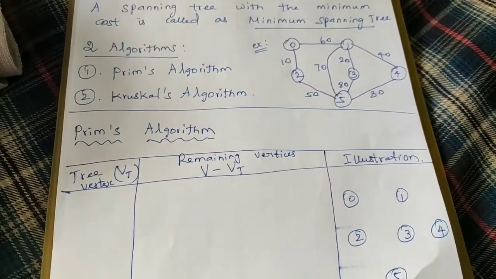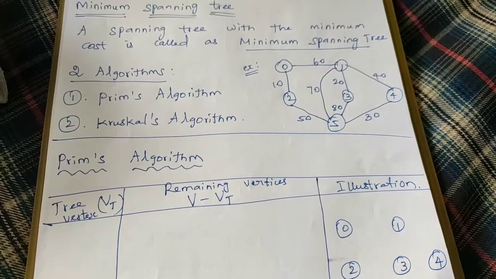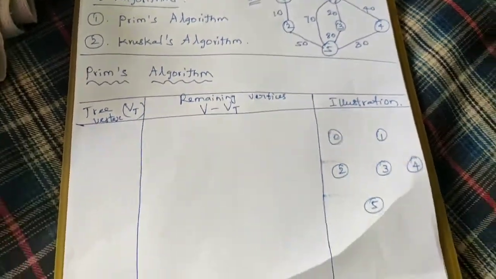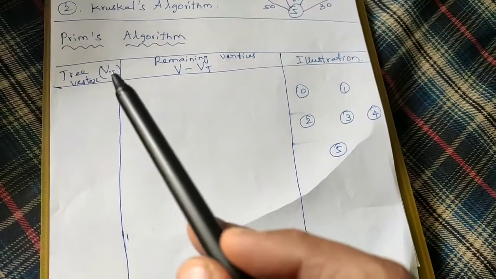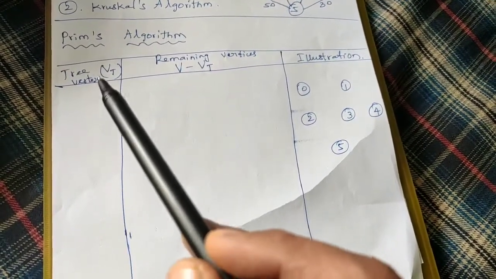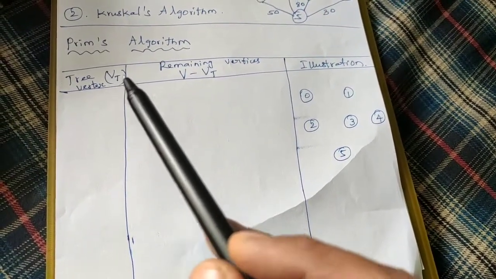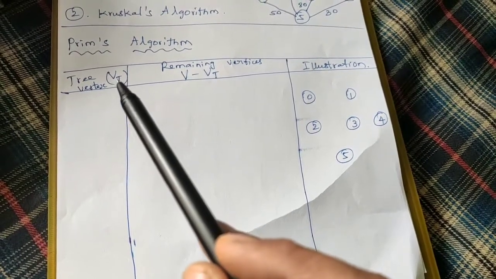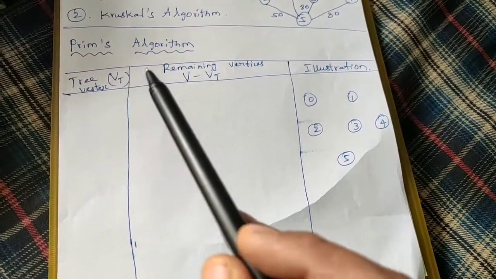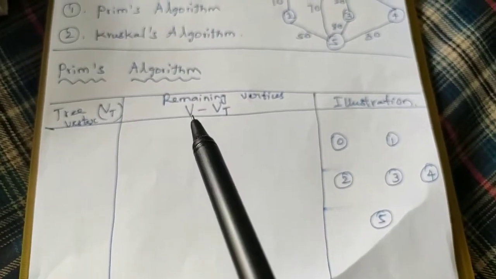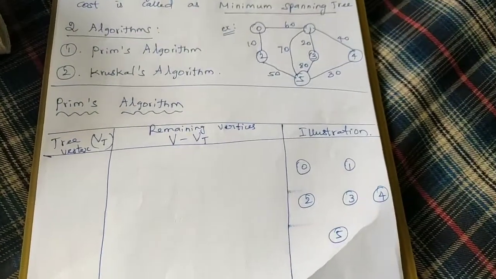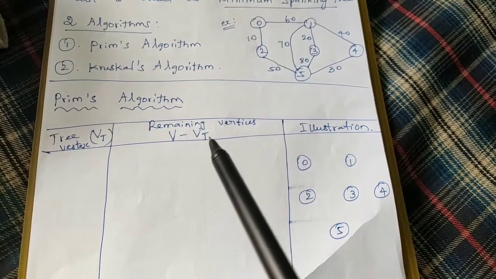For finding a minimum spanning tree using Prim's algorithm, construct a table with 3 columns. The first one is the tree vertex, which is indicated with VT. T indicates tree, V indicates vertex. Remaining vertices are indicated with V minus VT.